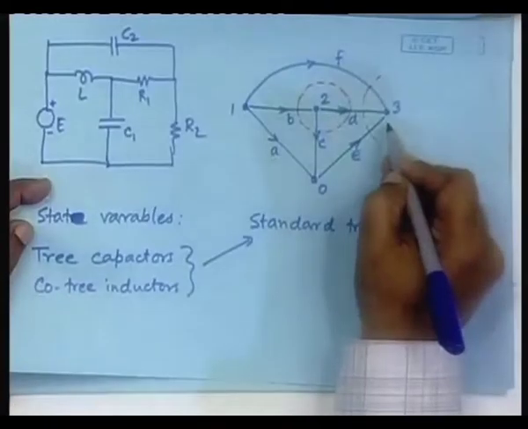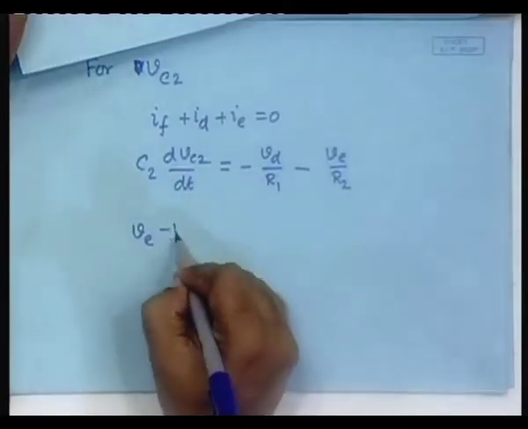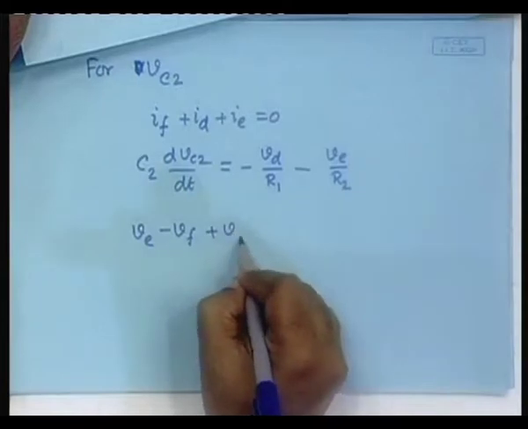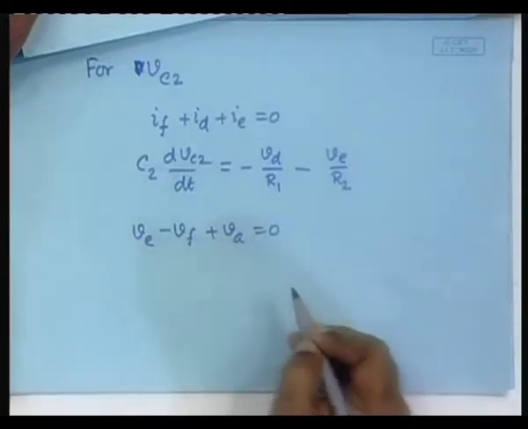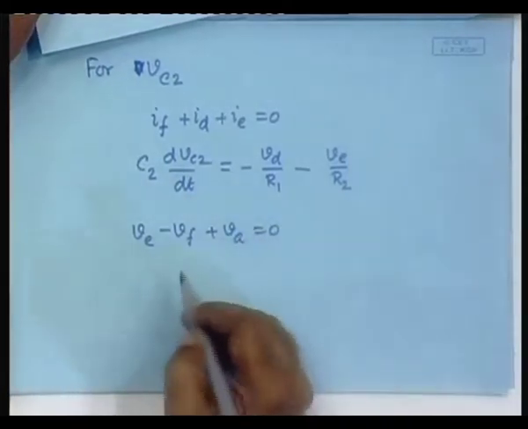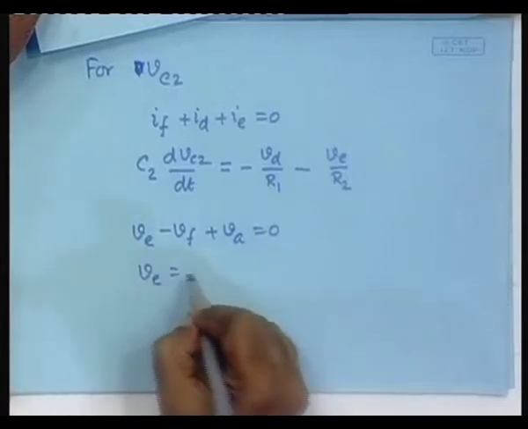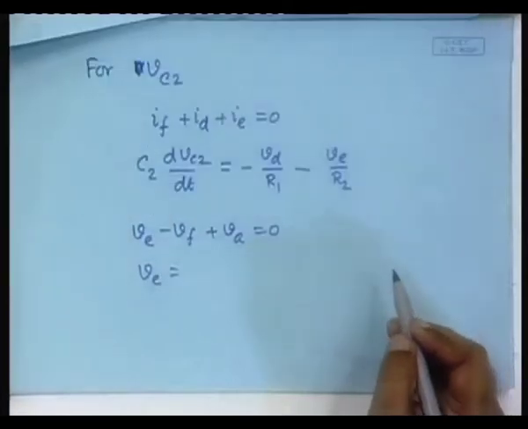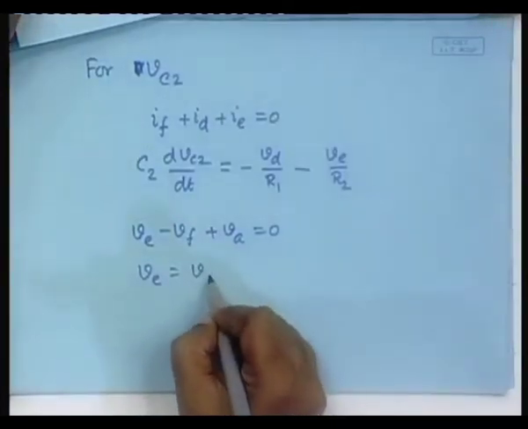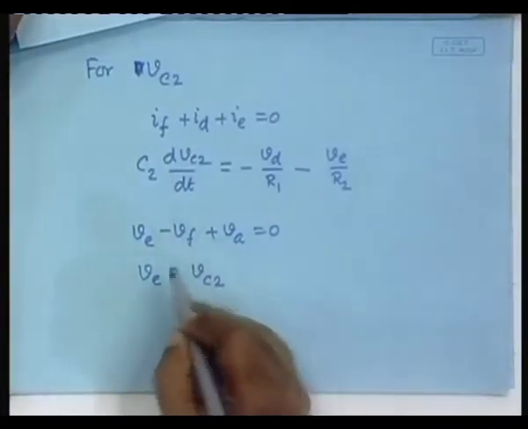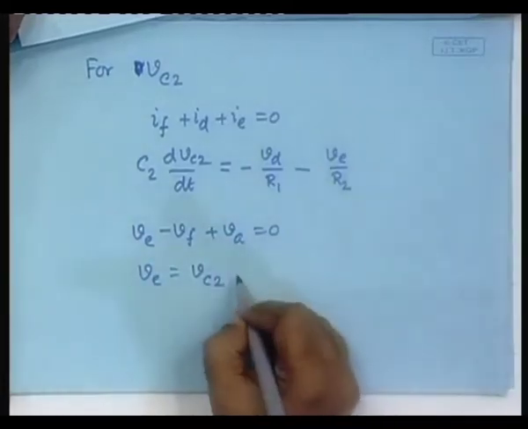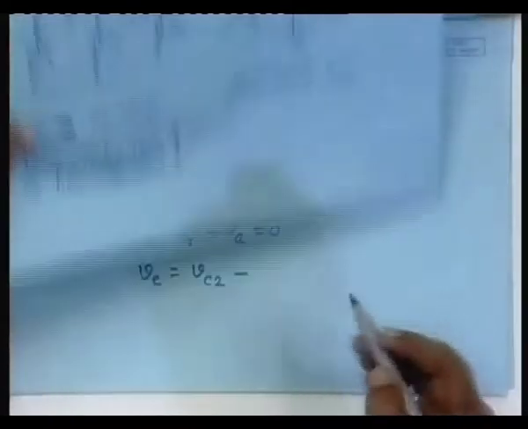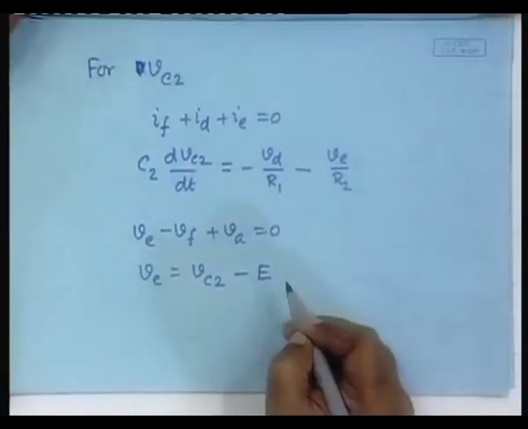VE minus VF plus VA, fine. So, VE I want to find out, VE is equal to VF, which is VC2, plus, it will come to this side, minus VA, which is E. Okay.